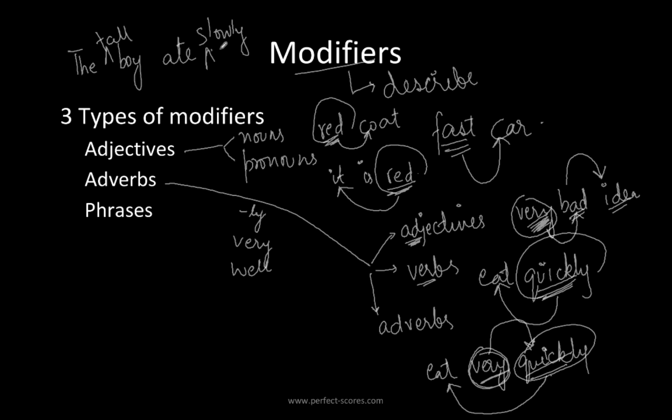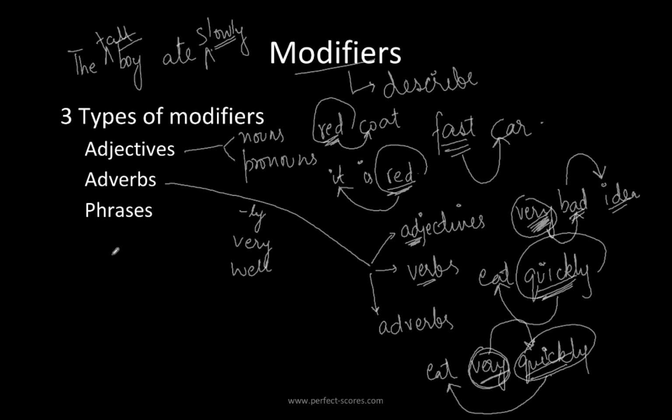So that is a little rule of modifiers. If you can remove the modifier, the remaining sentence will still be correct. So if you remove the word tall and the word slowly, the remaining sentence is still an independent clause. It's still a complete sentence. So that's a rule of identifying modifiers.